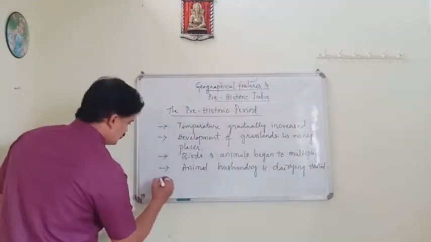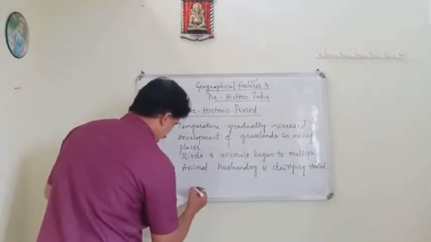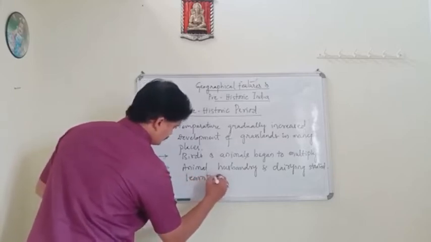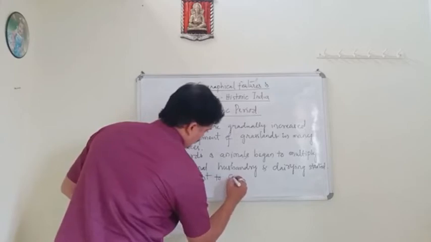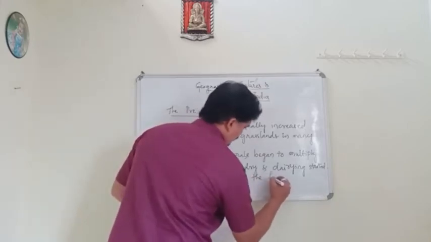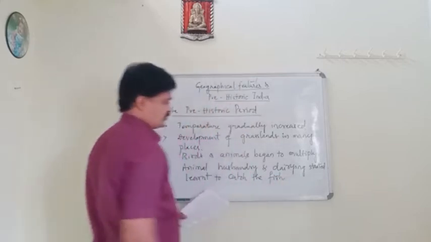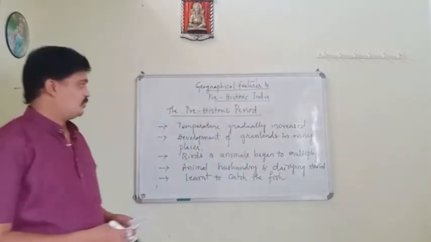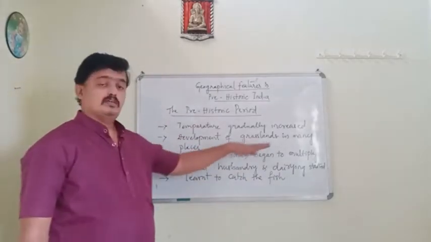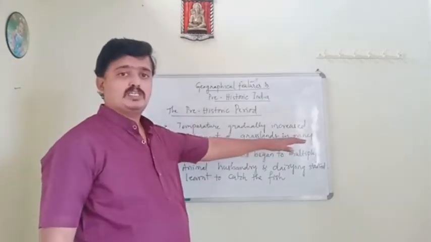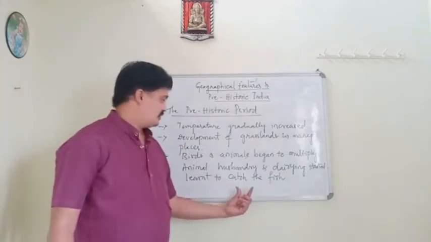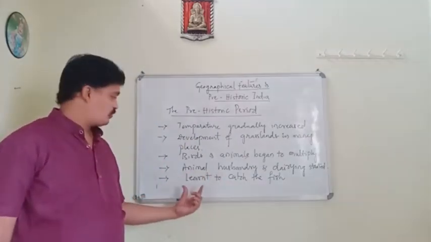And they came to know catching fish. It means they learned to catch fish. See, when the changeover came into the Earth's environment, some changes also came over the people of this age.